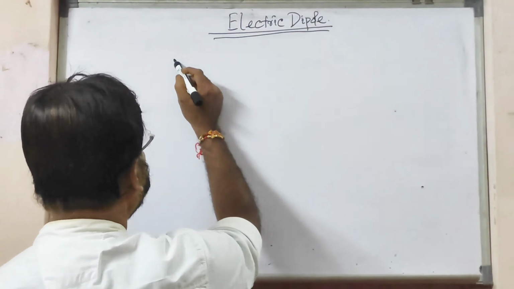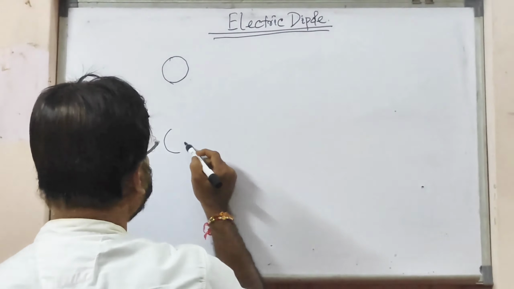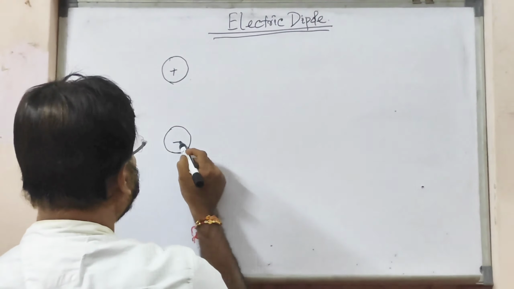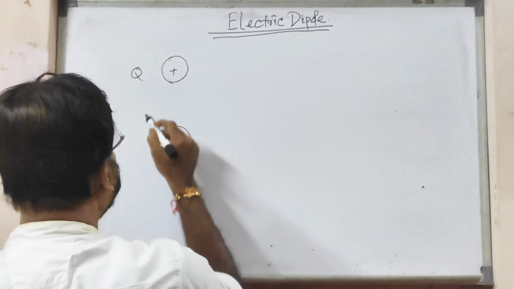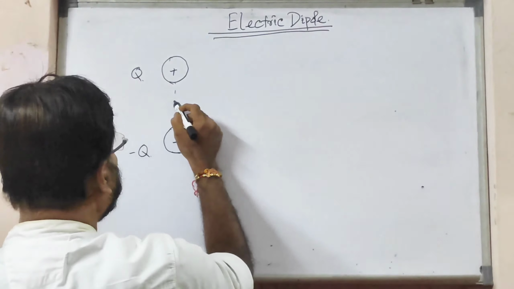Suppose, take for example, two equal charges, let it be plus q and this one is minus q. This separation is very small.